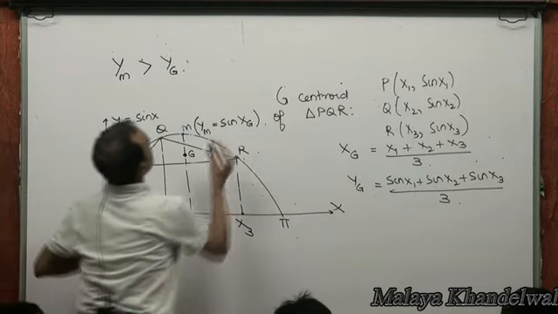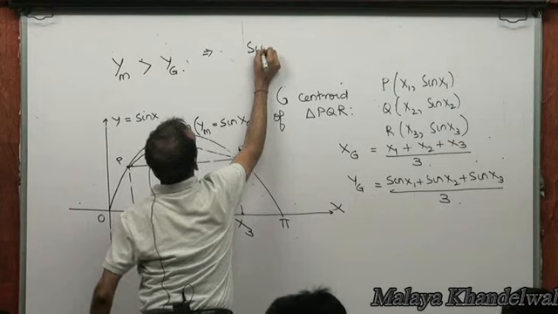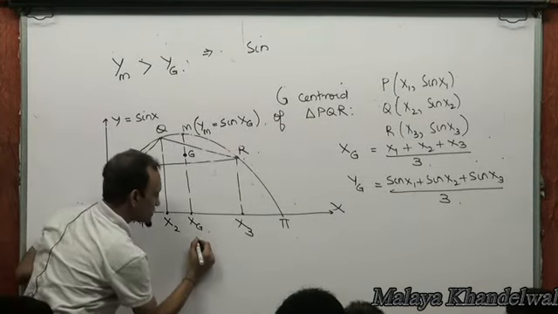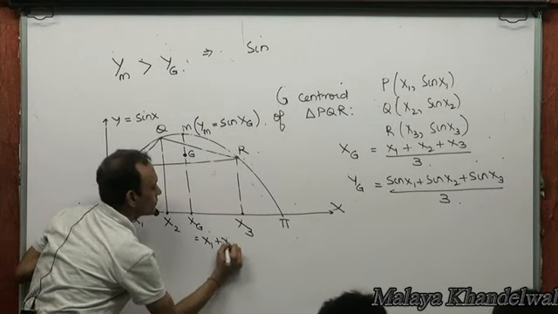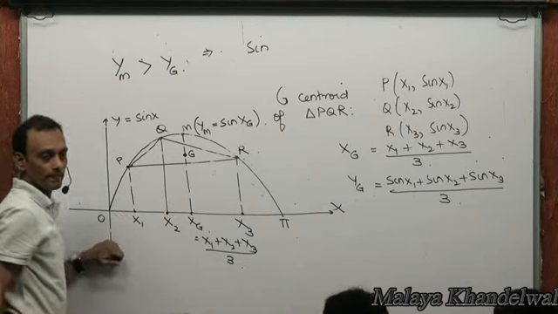That means yM is sine of xG. xG is what? xG is (x1 plus x2 plus x3) by 3. That's the x coordinate of the centroid, right?